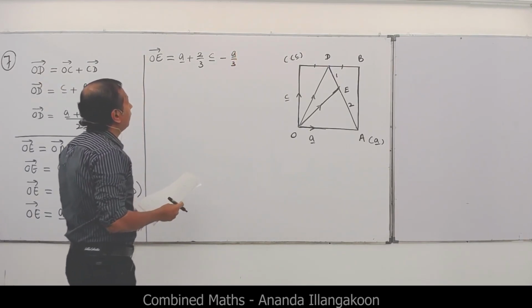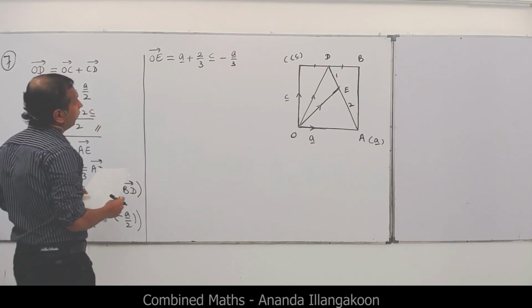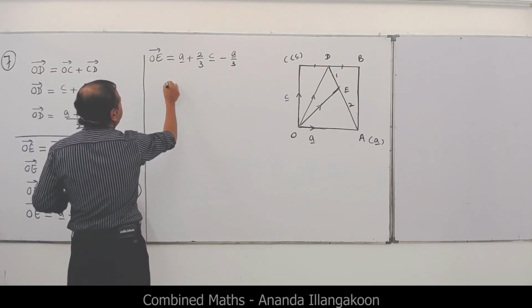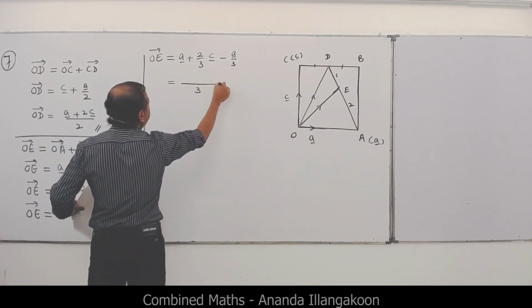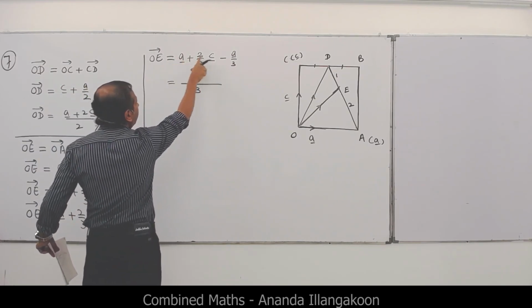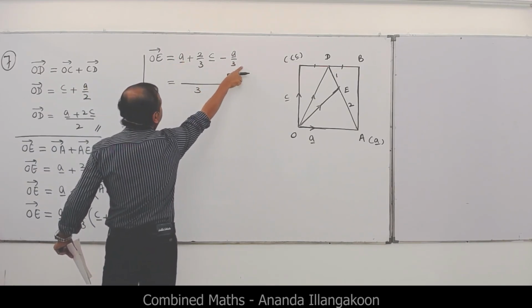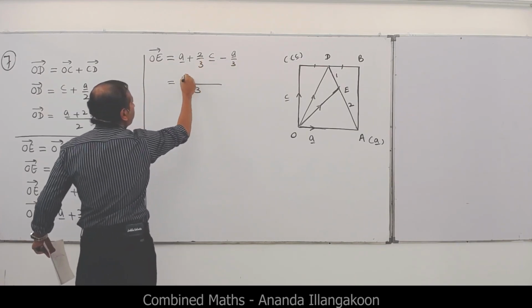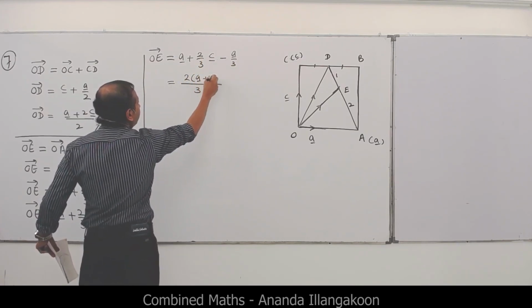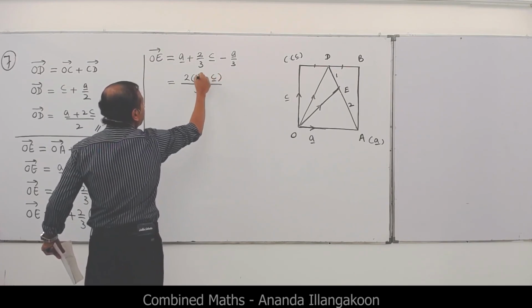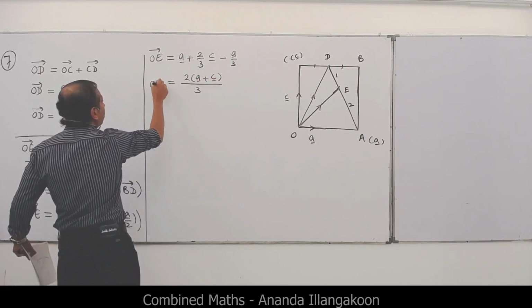Then we can simplify this, taking the common denominator as 3. When you simplify, 3A minus A is 2A, and here 2C, take 2 out. 2/3 of the bracket A plus C we get. This is the OE vector.